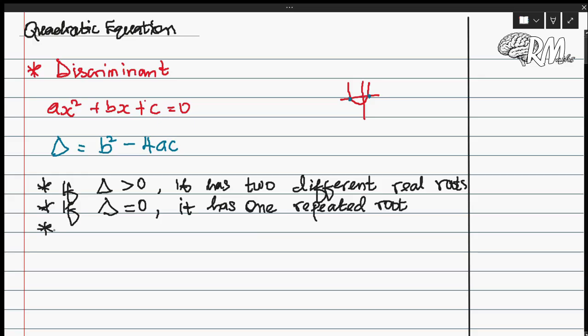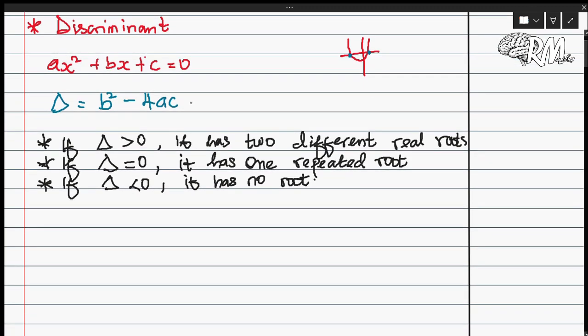And finally, if delta is less than 0, then it has no roots. So anytime they give us a question under discriminants finding delta, we should be very careful, because they might ask us to find the roots, or find the 2 different roots, or find a 1 repeated root, or find if it has no roots. Now let's see this example under discriminants.